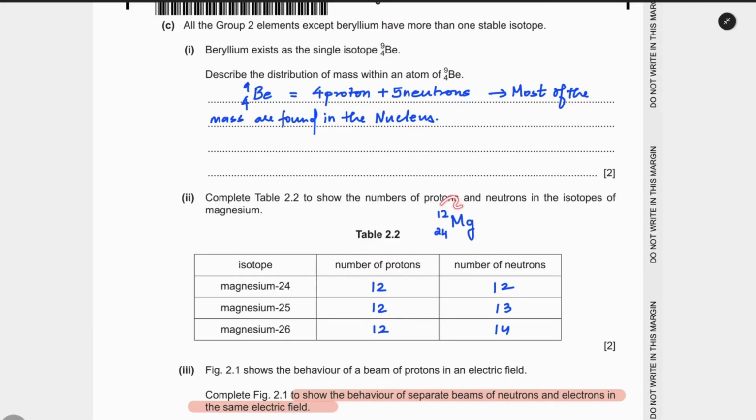The proton number is the atomic number, which equals the electron number, so it is 12 for both. The neutron number changes: mass number minus protons. 25 minus 12 gives 13, and 26 minus 12 gives 14. So we can complete our table with the number of protons and neutrons.